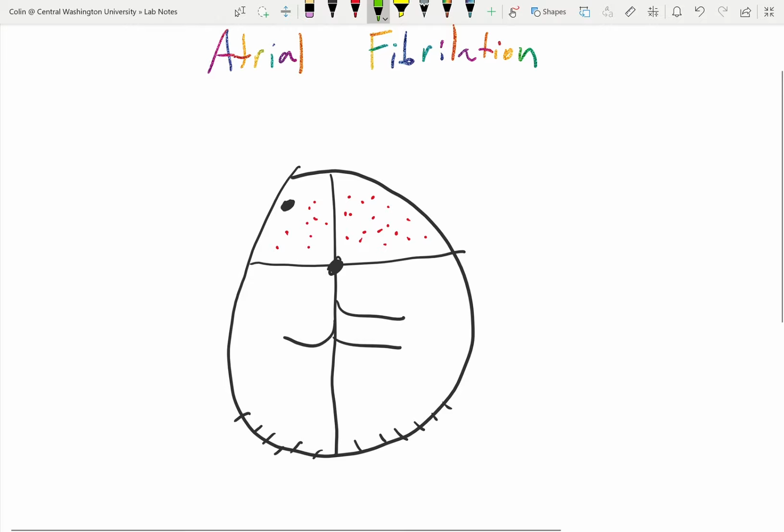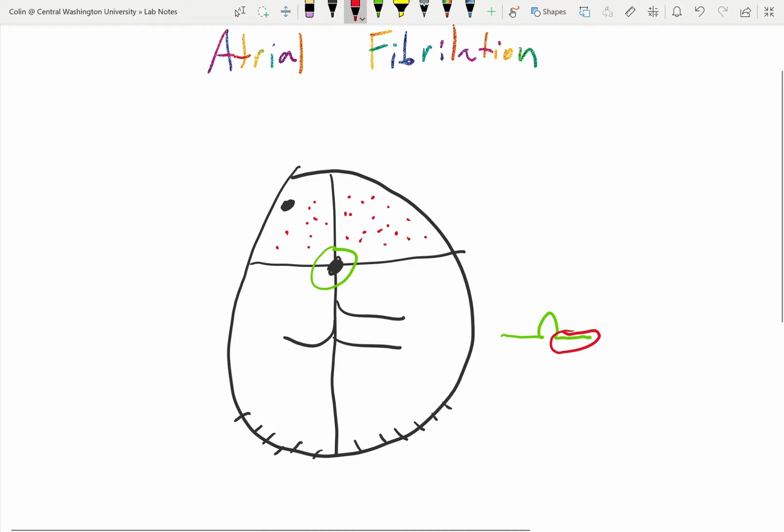This is where our AV node gets to be really important, right? So if you remember when we were talking about the job of the AV node right here is to create that dead space that I just drew here, our PR interval. Its job is to create the dead space to allow the ventricles to fill with blood. Now, if the AV node doesn't work at all, then our ventricles are going to be going crazy, right?